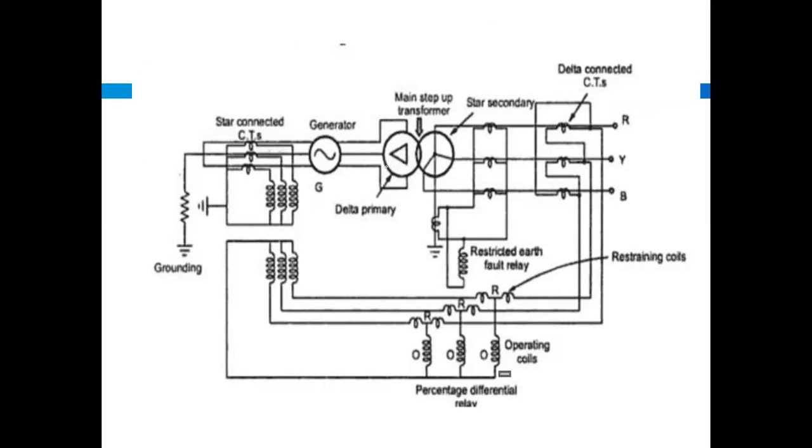Can anyone tell me, if the primary of the transformer is connected in delta, how we have to connect the CTs for the delta-star transformer?